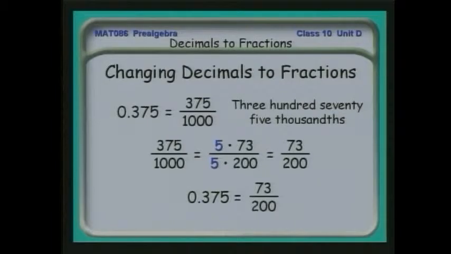When you change a decimal to a fraction, you should remember that, depending on the problem, you need to then look at that fraction that you've derived from the decimal and reduce it to its lowest terms, the representation for which there are no common factors between the numerator and the denominator of the fraction.